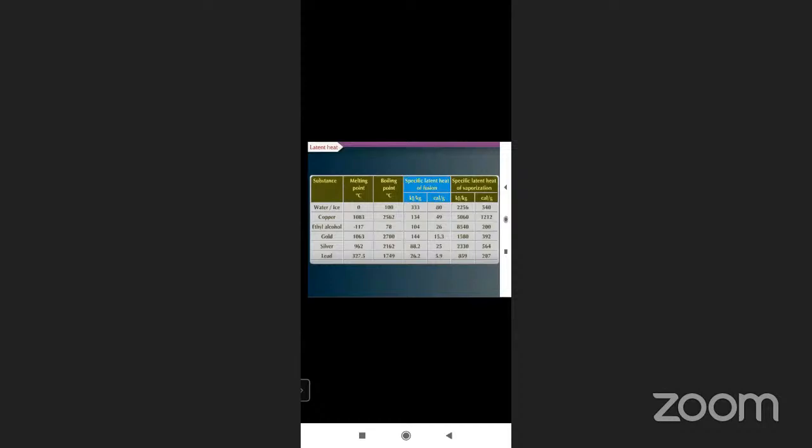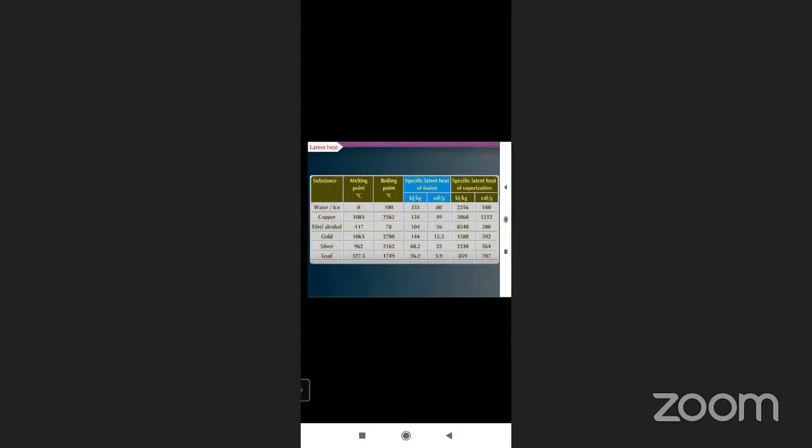Now see, the first substance is water or ice. The melting point of water or ice is 0 degrees Celsius and boiling point is 100 degrees Celsius. Now we'll see what is the specific latent heat of fusion. It is 333 kilojoule per kilogram and 80 calorie per gram.